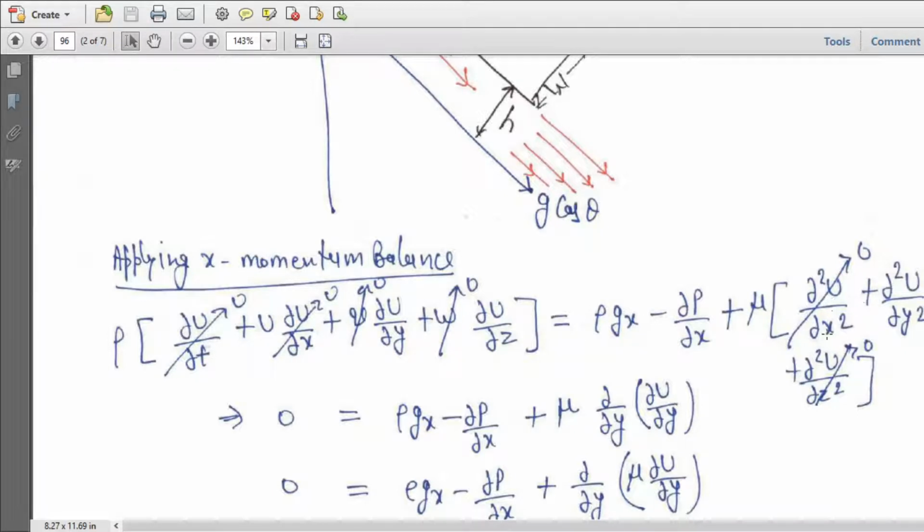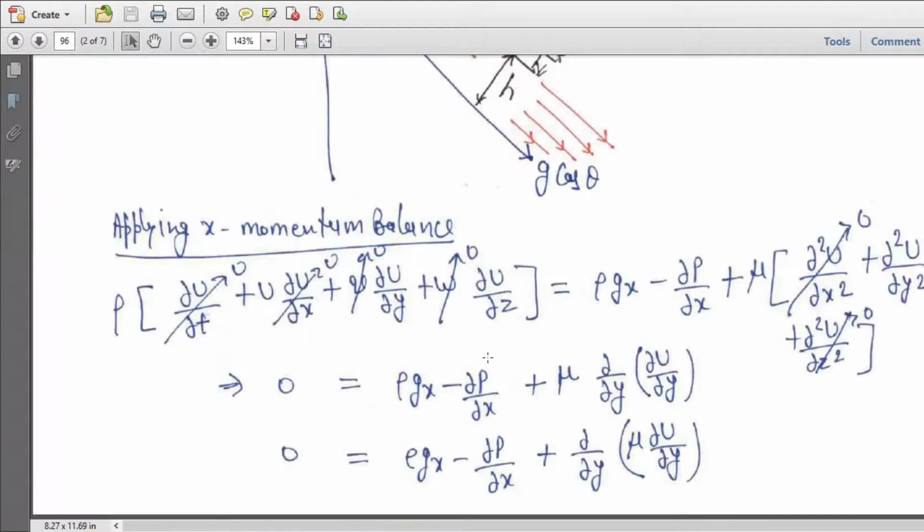Now the ∂u/∂y term is always significantly higher than ∂u/∂z. From dimensional analysis, by magnitude this term is more significant than that one, because the width is very large compared to the thickness of the fluid.